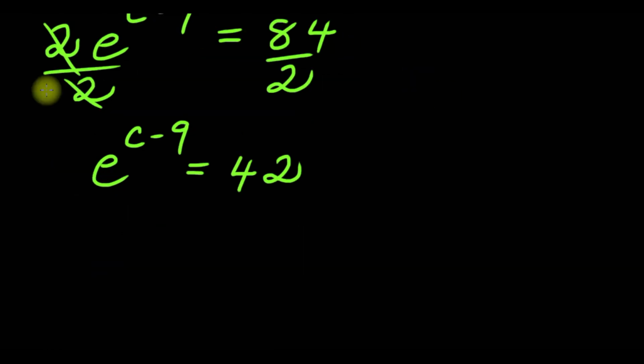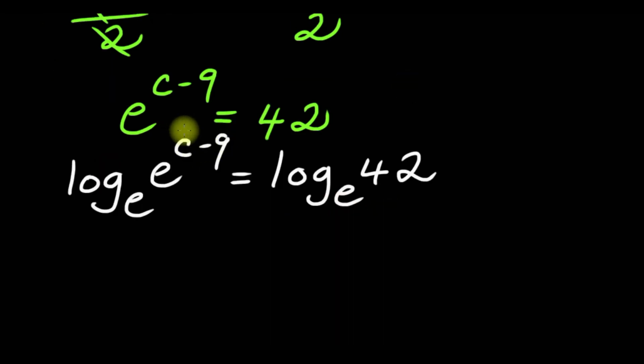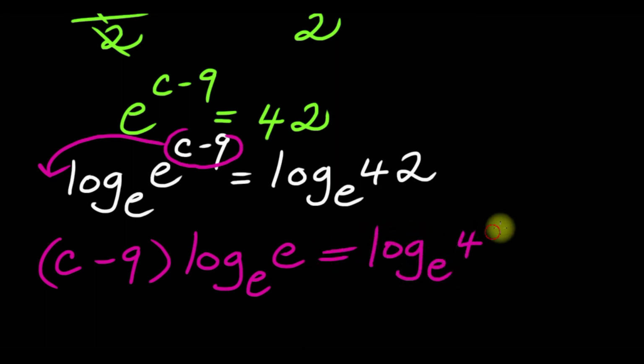Well, next I've got to take the log base e of both sides. So log base e of e to the c minus 9, and then log base e of 42. Using the power property, we can bring down the exponent to the front. So that's going to be c minus 9 times log base e of e is log base e of 42.